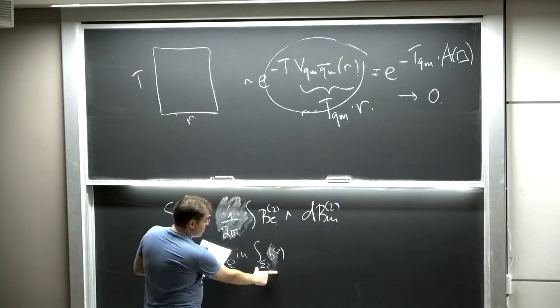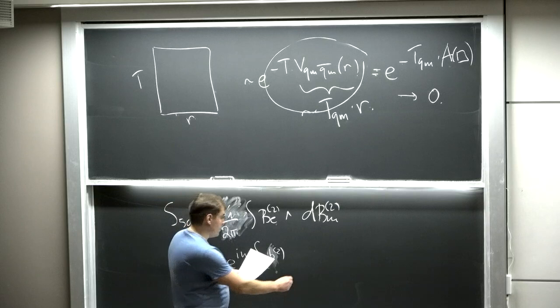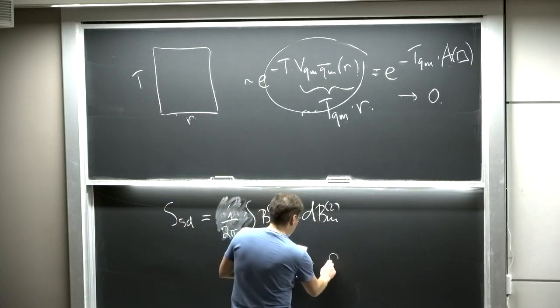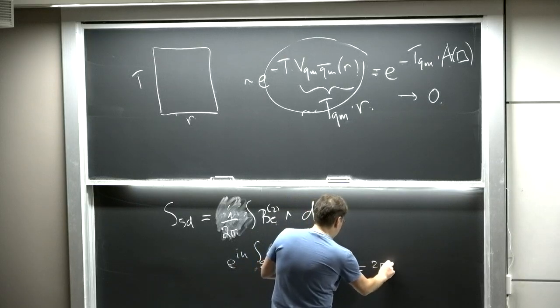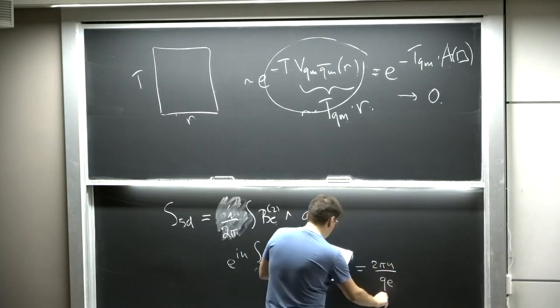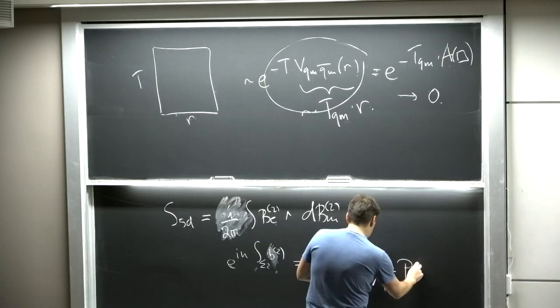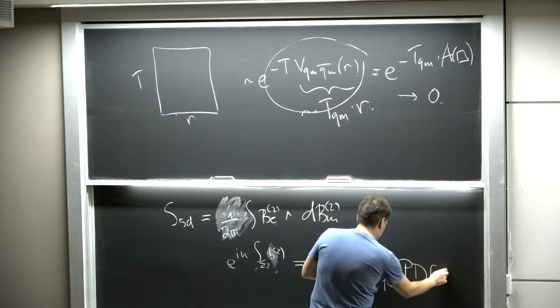Then you see that this term acts as a source for F. And you find that F is 2 pi over n Q electric plus the Poincare dual of sigma 2.